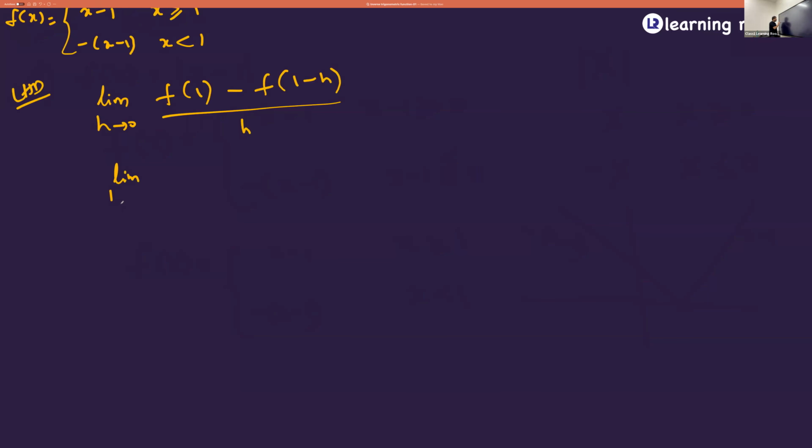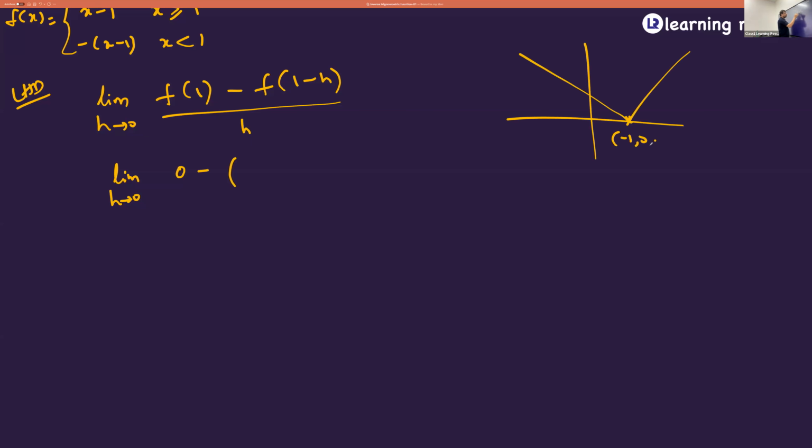So limit h tends to 0, what is f of 1? 0. f of 1 minus h: on the left of 1, what is the function? Just now we drew the graph, no? So this one, negative of x minus 1, I need to take this function.